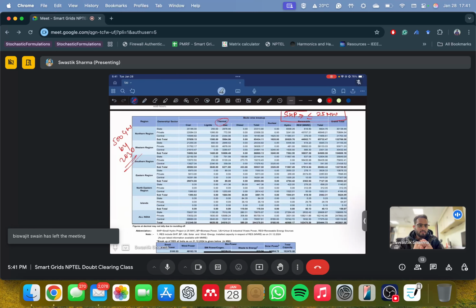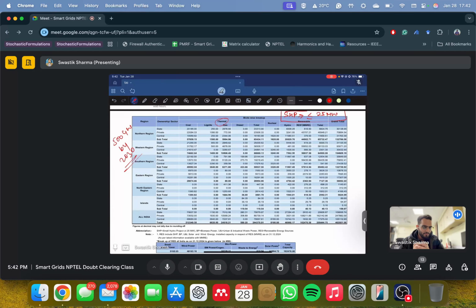B, people who relied on that water resource will not be able to use it now. C, there is a large amount of carbon emissions because the river has changed its course, right? Earlier, where the river used to flow, there used to be water beds and stuff like that. Now that leads to carbon emissions.